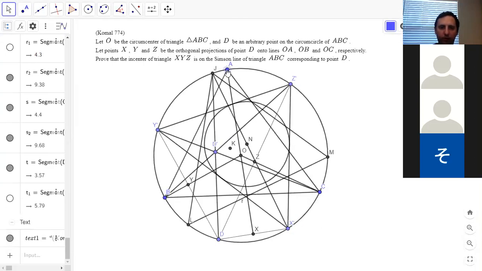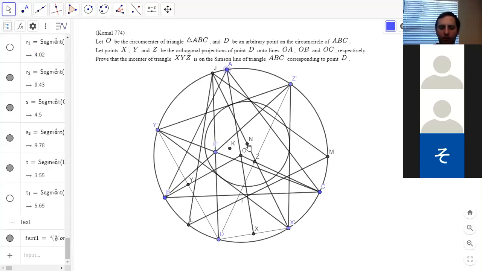So I don't know if that just solves it, because we have one orthocenter, we have another orthocenter. So does that solve it?